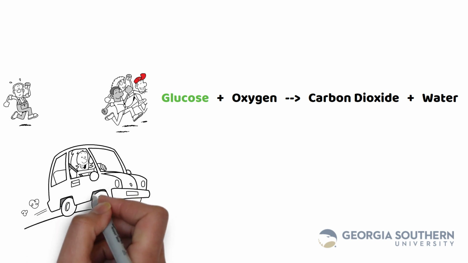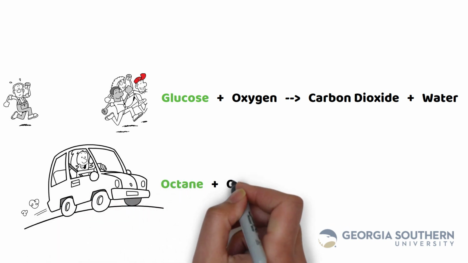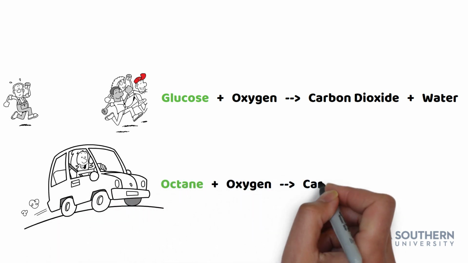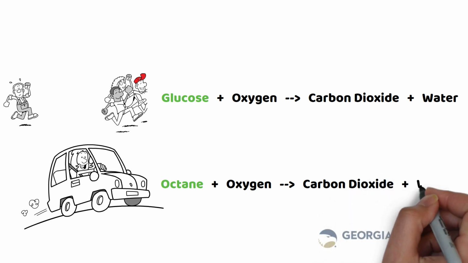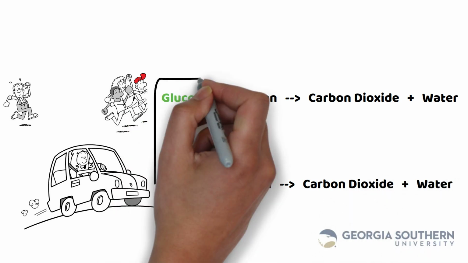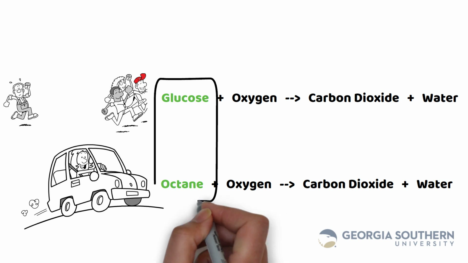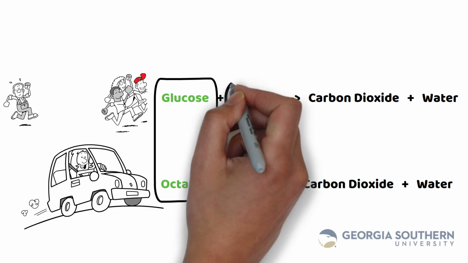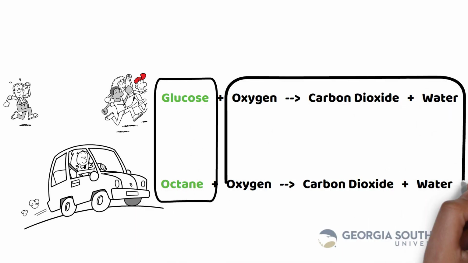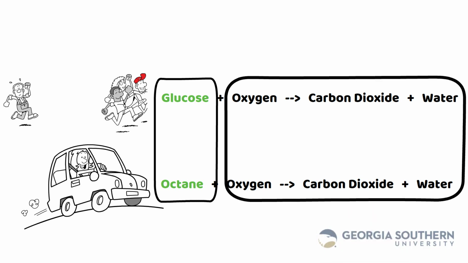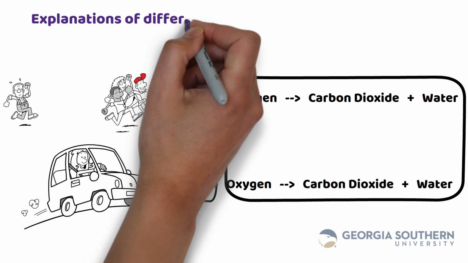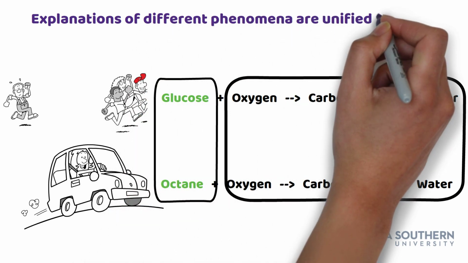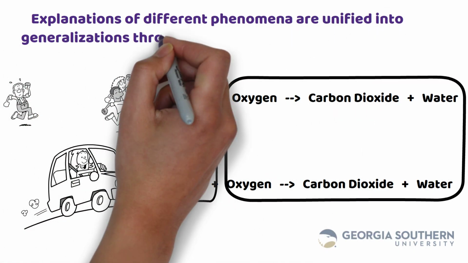In combustion, octane reacts with oxygen to produce water and carbon dioxide. Although cellular respiration and combustion are two different chemical reactions, they are both oxidation processes in which organic carbon-containing molecules react with oxygen to produce carbon dioxide and water. Explanatory unification refers to that explanations of different phenomena are unified into generalizations through use of major theories in science.